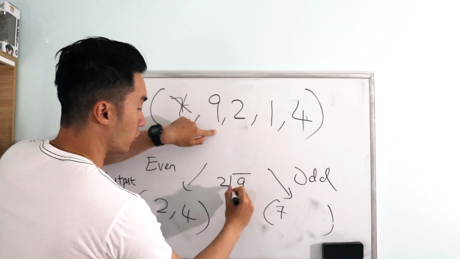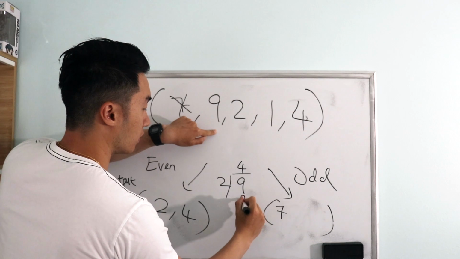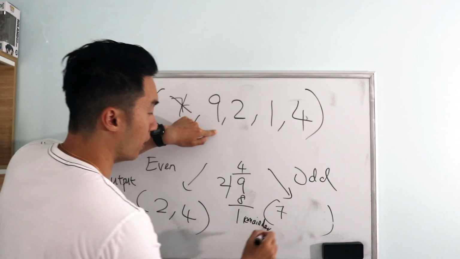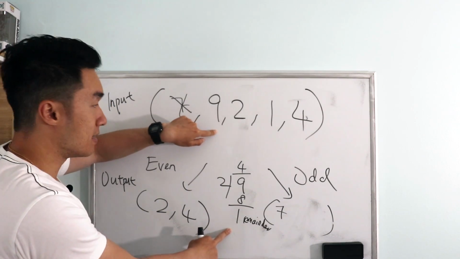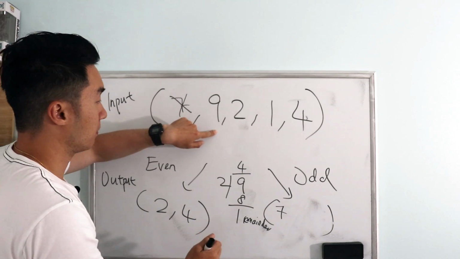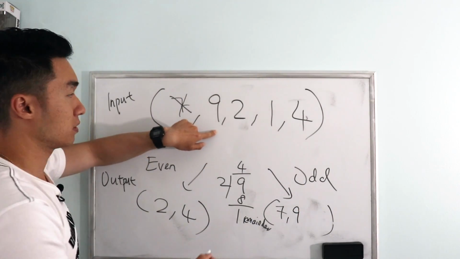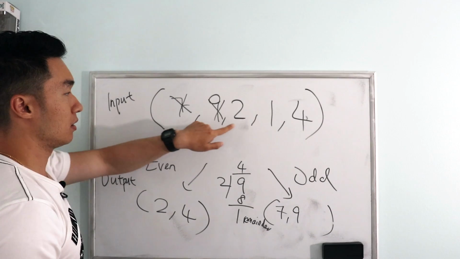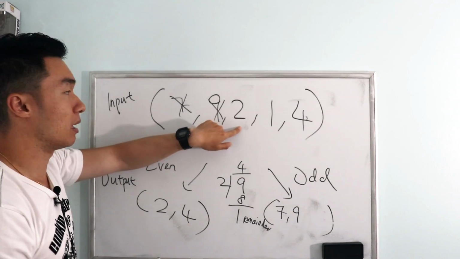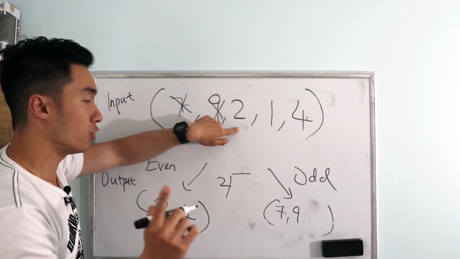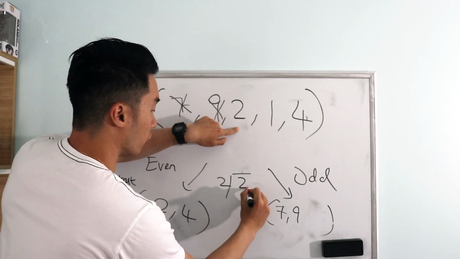9 divided by 2, 4, 8, and again you have a remainder of 1. So that means that 9 is an odd number. So you put 9 into this bucket of odd numbers and you cross it out. Next, you check the next number. Now you take 2 and divide 2 by 2.